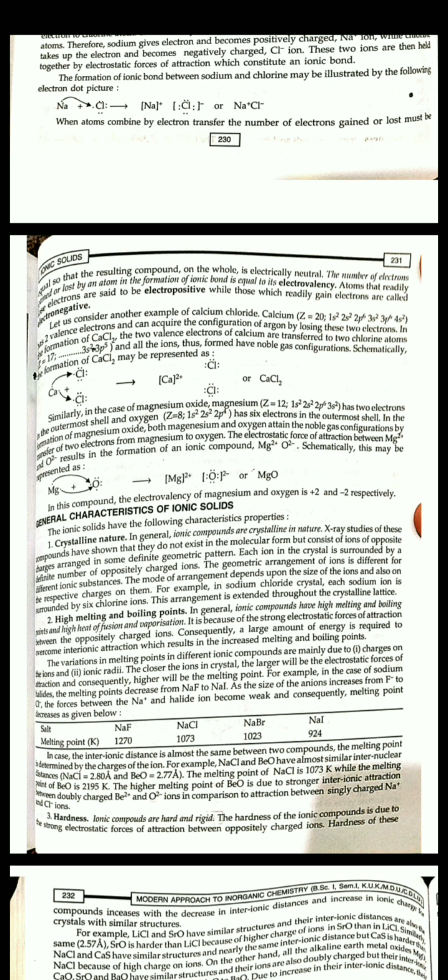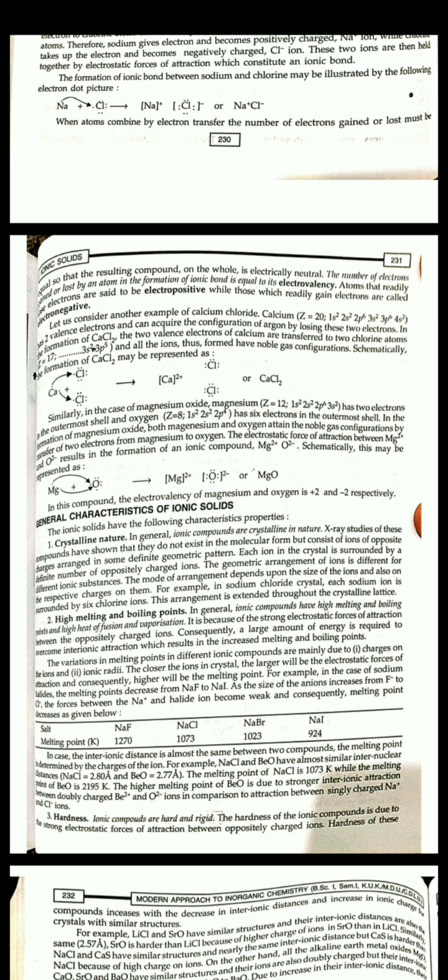Similarly, in the case of magnesium oxide, magnesium has two electrons in the outermost shell and oxygen has 6 electrons in the outermost shell. Both magnesium and oxygen attain the noble gas configurations by transfer of two electrons from magnesium to oxygen.